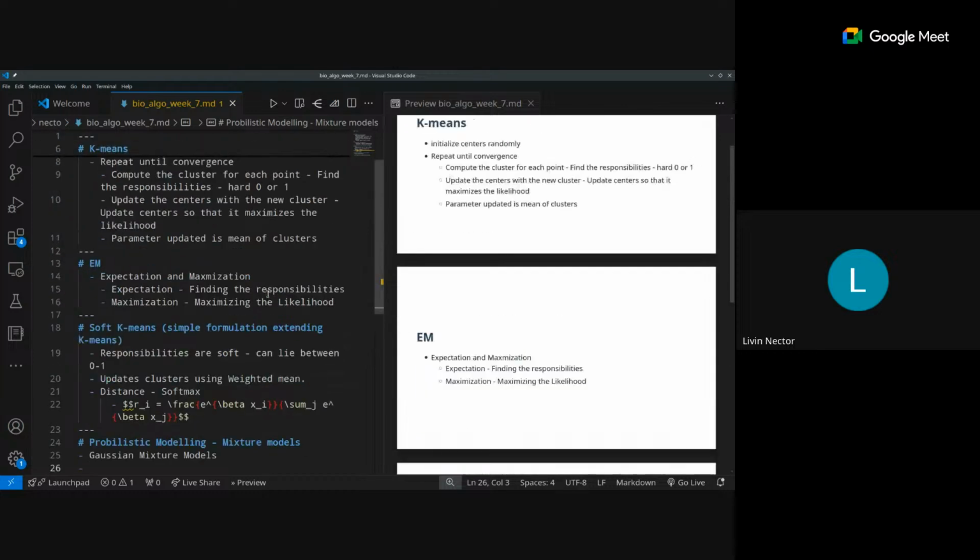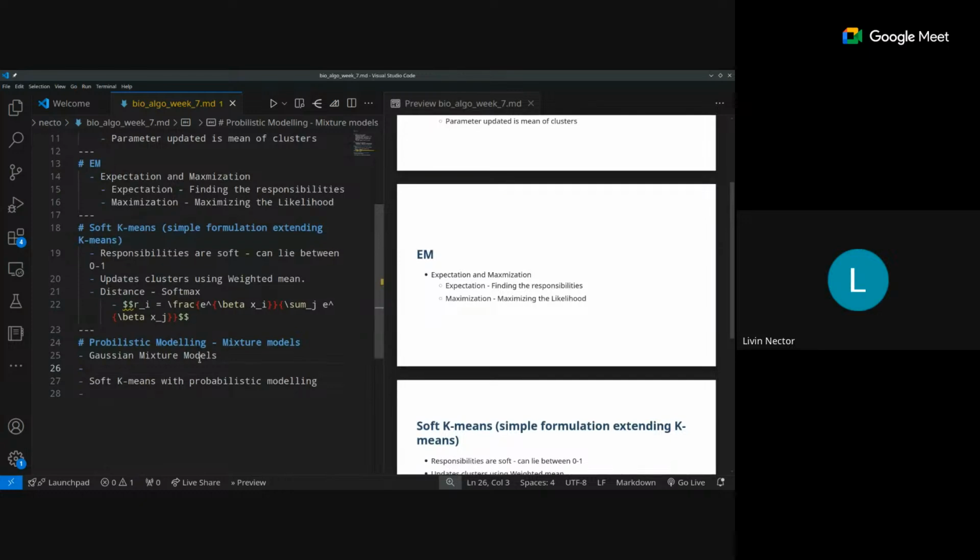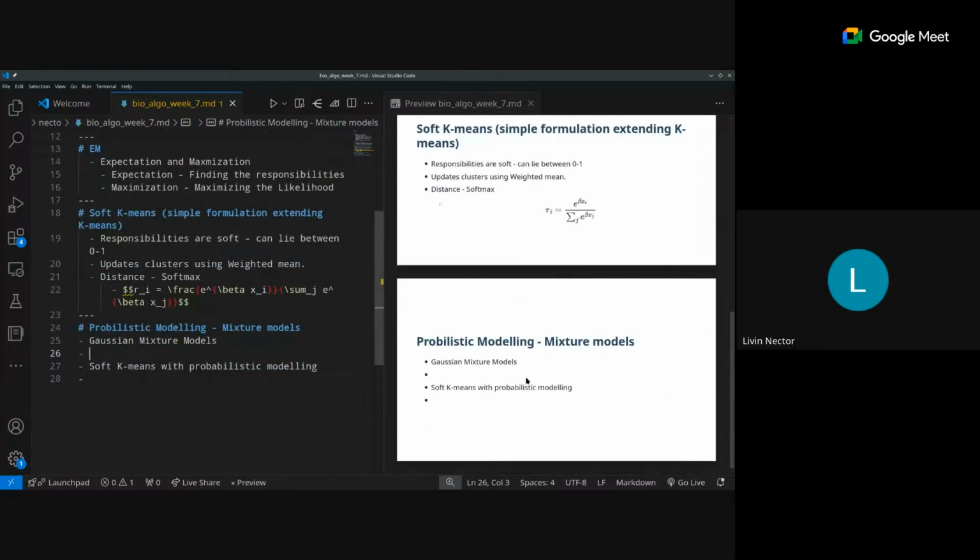From this point of view, in k-means we assume that each of these Gaussian distributions has the same kind of variance. But we can change that assumption, so we can actually have clusters with different variances. So we have to add the parameters.